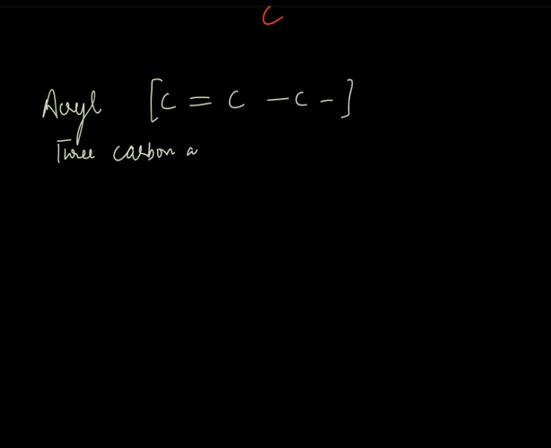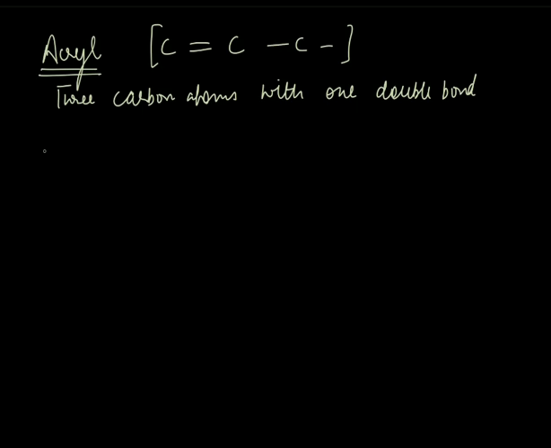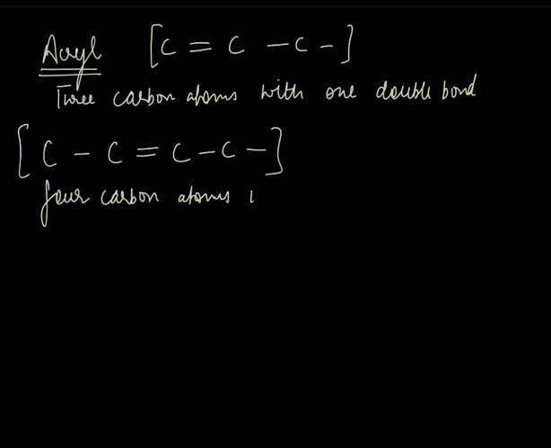So, 3 carbon atoms with one double bond, then we can use the term acryl. Then if we have 4 carbon atoms with one double bond, this is something called croton.